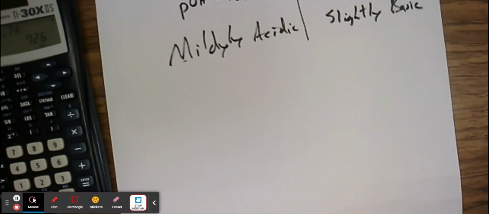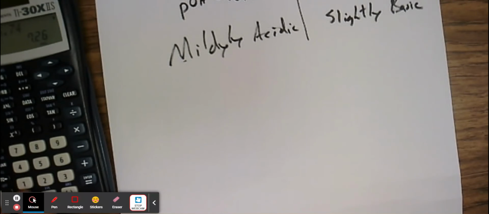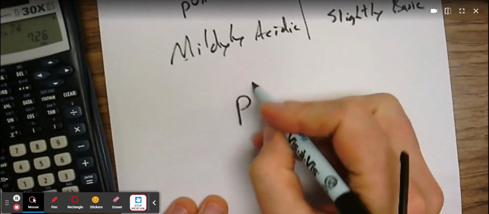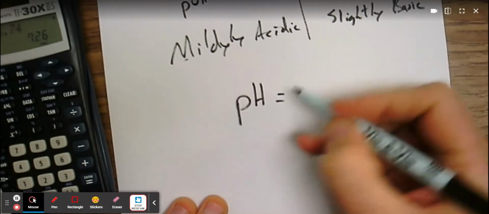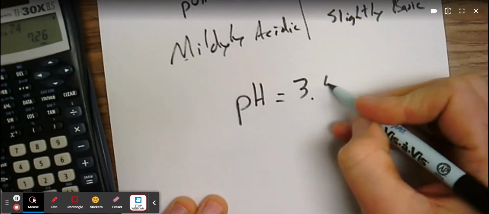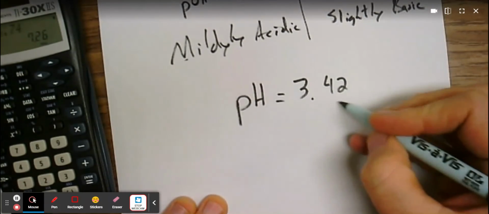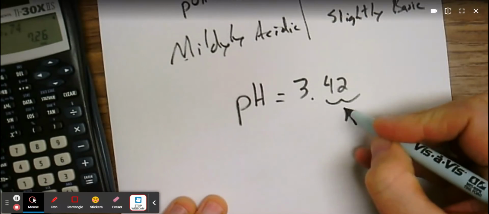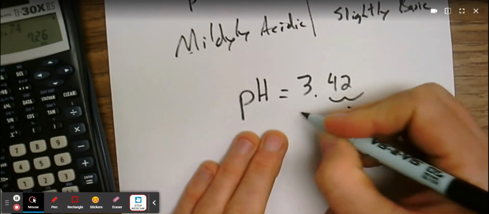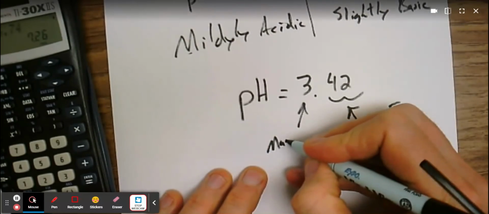Just to review, when you're given a pH value and when you write a pH value, like 3.42, these numbers are significant figures. This number is a magnitude value.